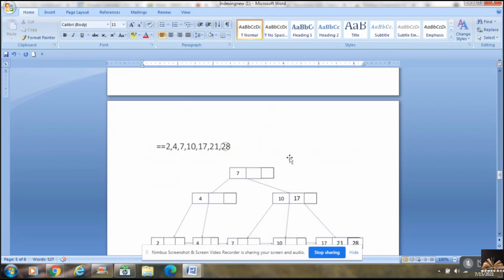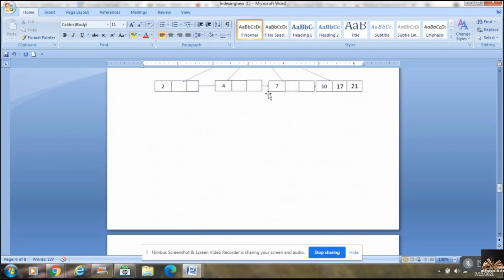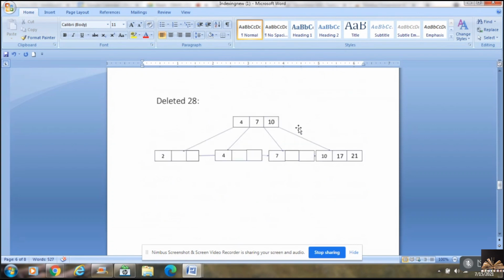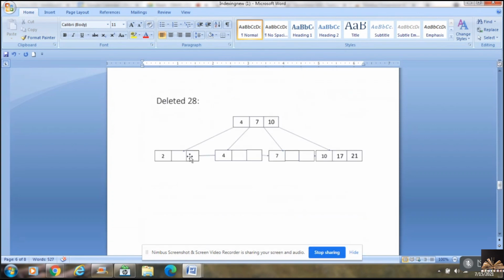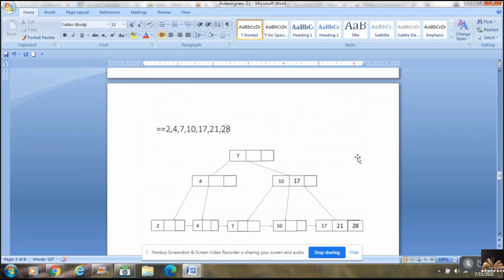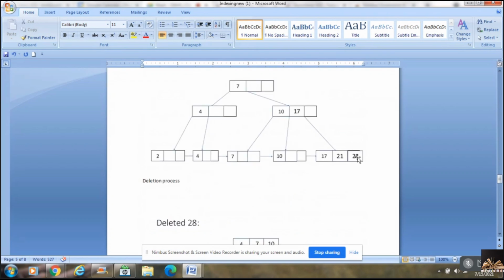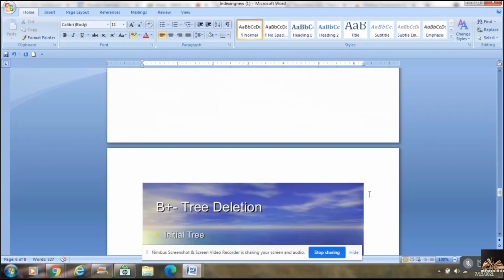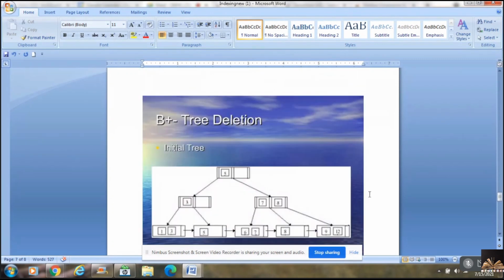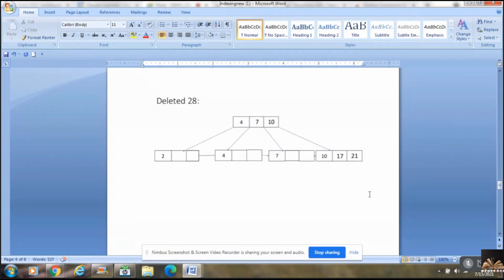So how many elements were there totally? 1, 2, 3, 4, 5, 6, 7. And here, what is missing? 2, 4, 7, 10, 17, 21. One element is missing. 28 is missing. I have to insert 28.